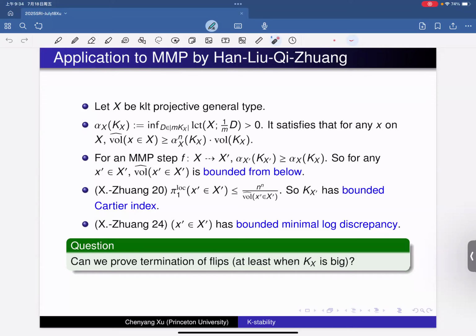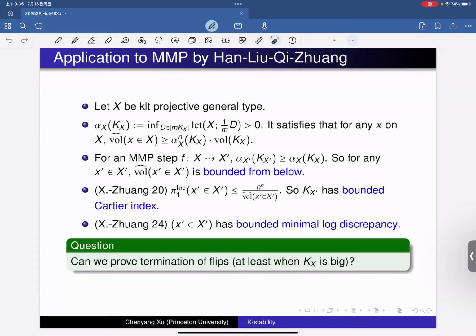Also, Zichuan and I proved that if the normalized volume is bounded from below, then actually the MLD is bounded from above. So the previous result tells you that the denominator of the MLD in that sequence is bounded. And the second one tells me the MLD is bounded from above. Then that means the MLD only lives in a finite set.